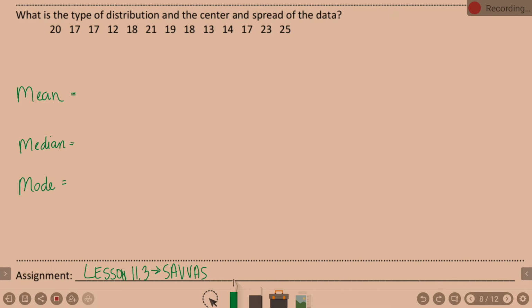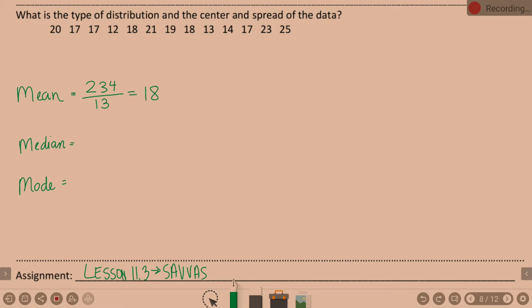What are we getting? 18. What did it add up to be? 234. That's right. So it adds to be 234, dividing by 13, and you get 18.